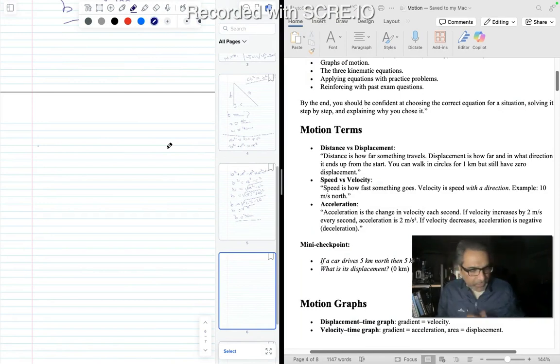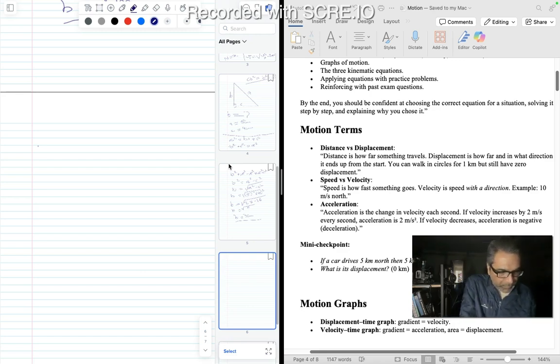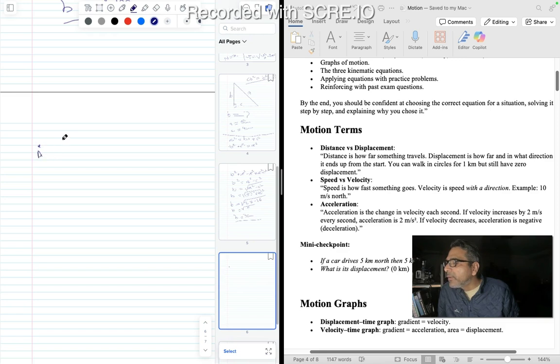All right, let's do this one. As you can see here, we are at this point A, and we have to move to point B. Distance is how far something travels.